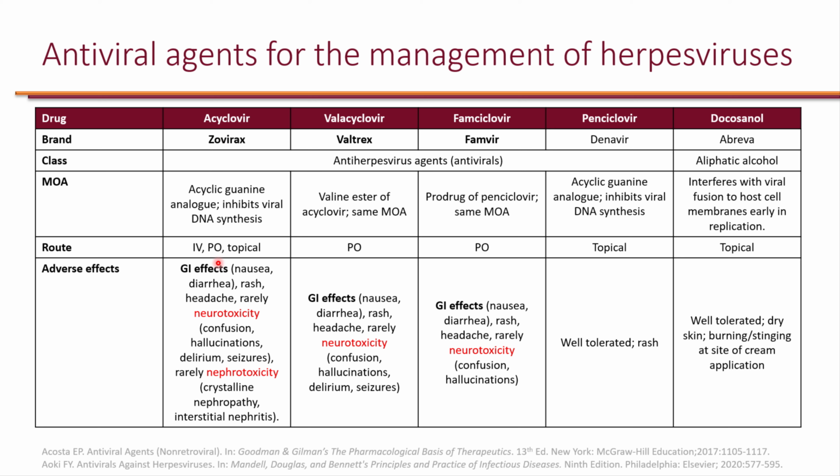Now, the problem with acyclovir is twofold. One is that the oral bioavailability is very low, about 10 to 30%, and that's why we have valacyclovir. Essentially this is a valine ester of acyclovir, and that valine improves bioavailability, increasing it not to 100%, but up to about 70%.